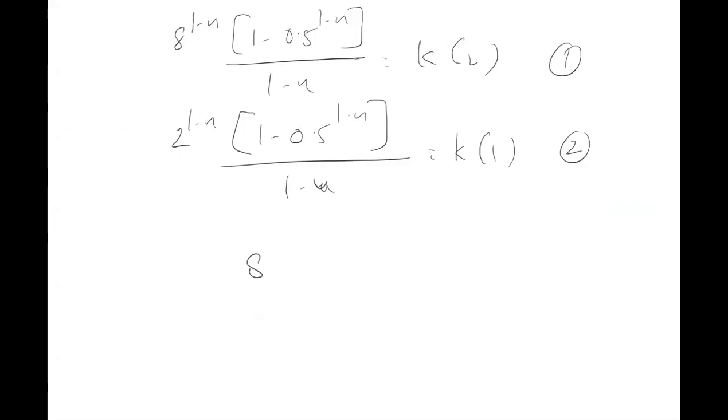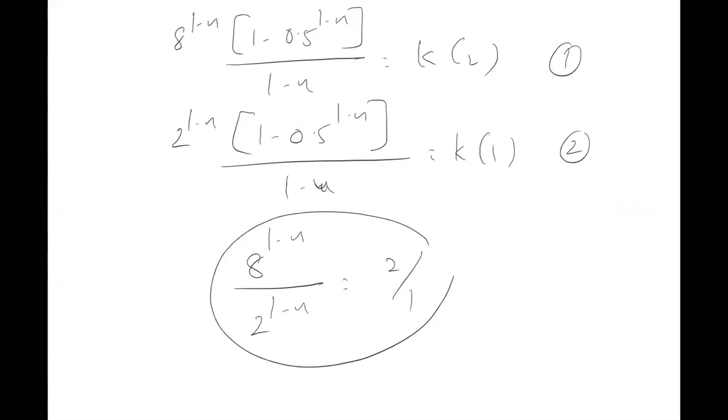If you do 1 by 2, then what happens? 8 to the power 1 minus n by 2 to the power 1 minus n equals 2 by 1. Writing 8 as 2 cubed, 2 to the power 3 into (1 minus n) divided by 2 to the power 1 minus n, equals 2, which is 2 to the power 1.